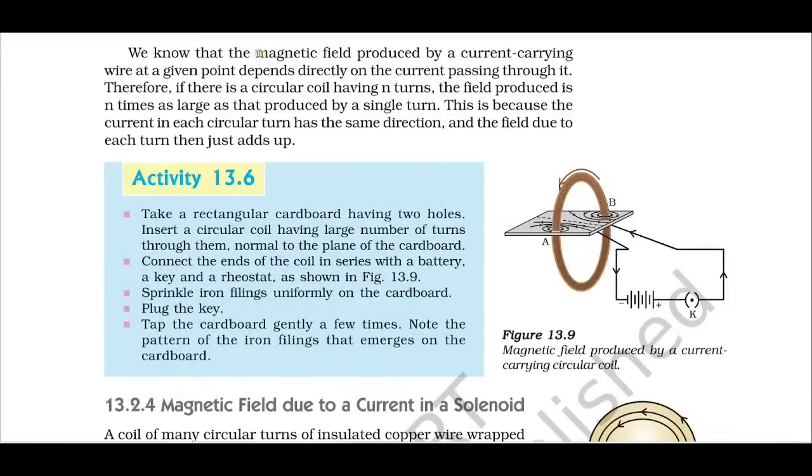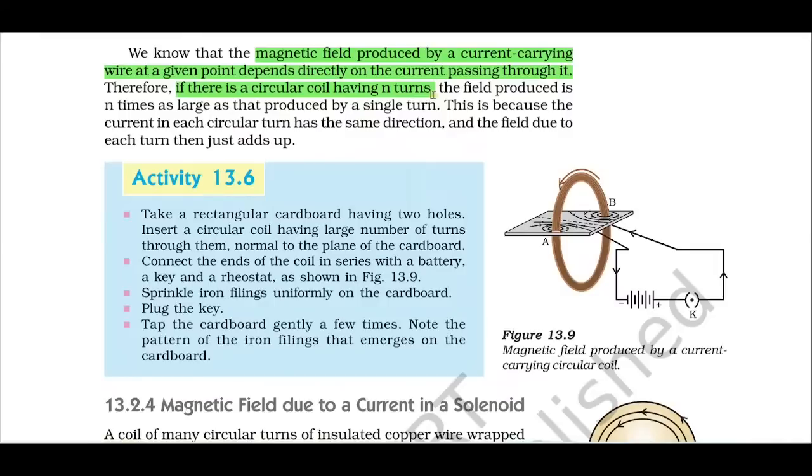The magnetic field produced by the current carrying wire at a given point depends directly on the current passing through it. The strength of the magnetic field depends on the magnitude of the current passed through it, and also on the number of turns of the circular coil.